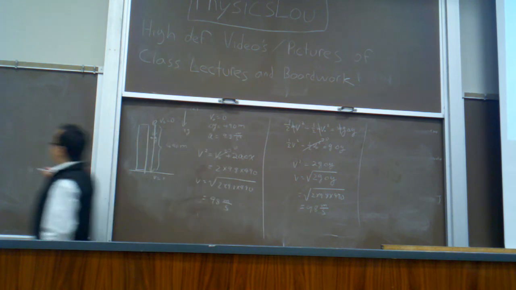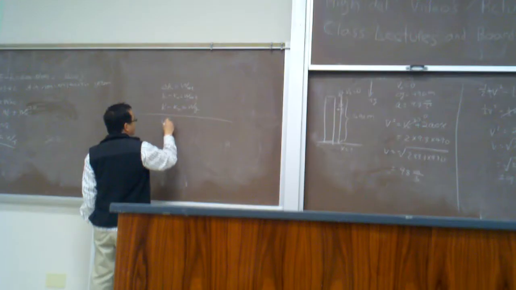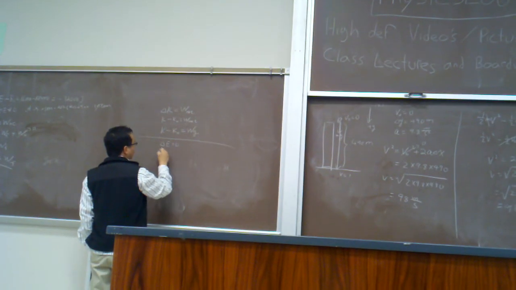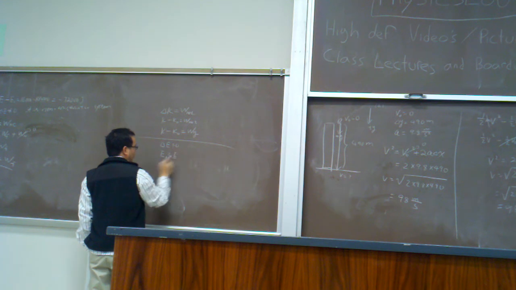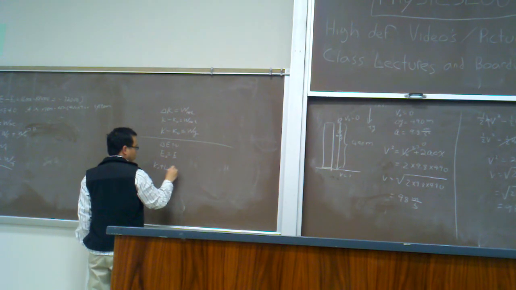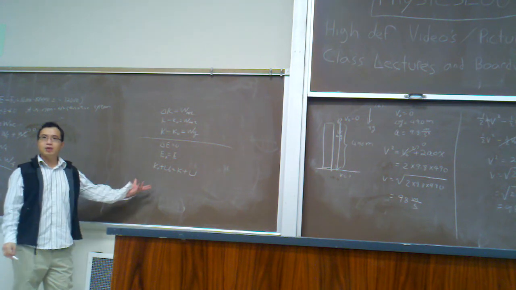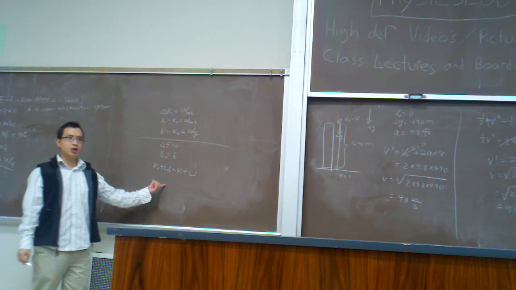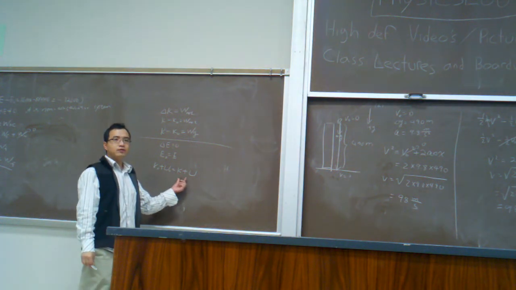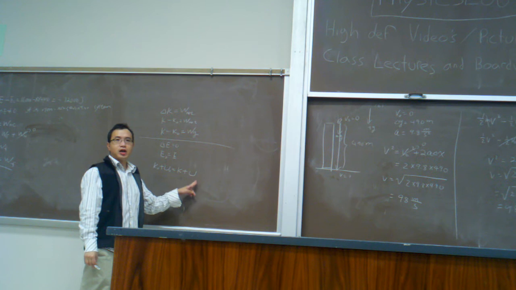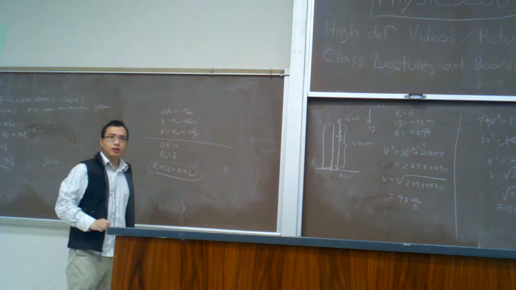The mechanical energy conservation says that the change in the mechanical energy equals 0, or you can write it as E equals E naught, or K naught plus U naught equals K plus U. So the summation of the initial kinetic energy and the initial potential energy should be the same as the summation of final kinetic energy and final potential energy. So we're going to use this equation to do the calculation.